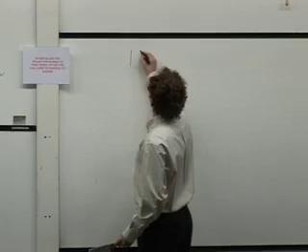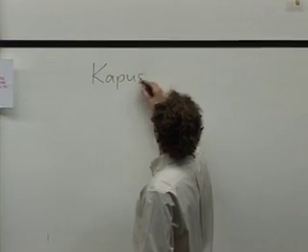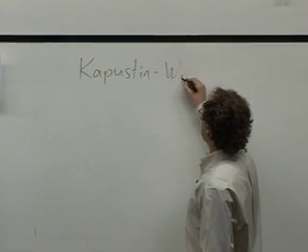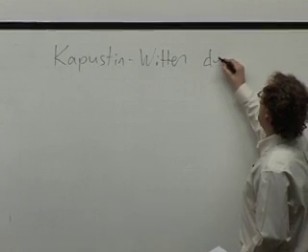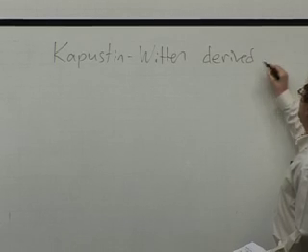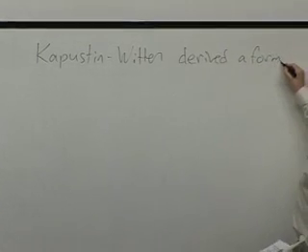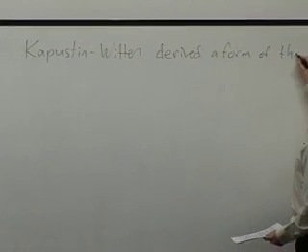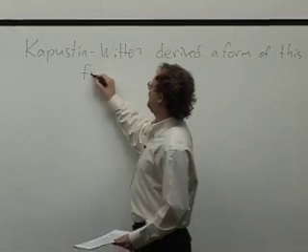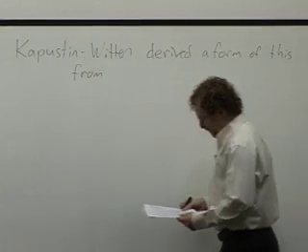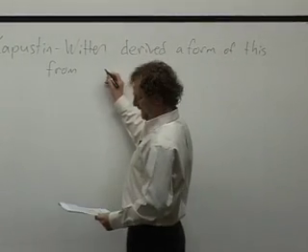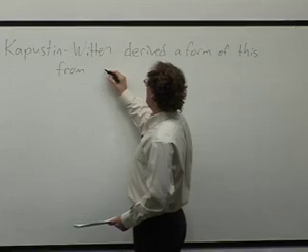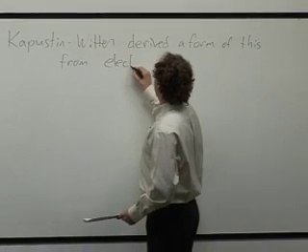So Kapustin and Witten derived a form of this conjecture from one of the central conjectures in gauge theory, which is electric-magnetic duality.